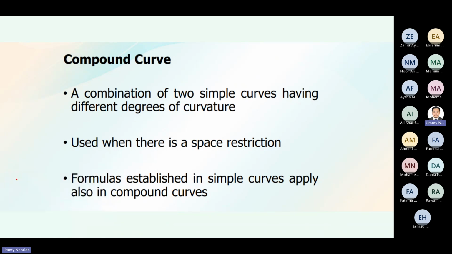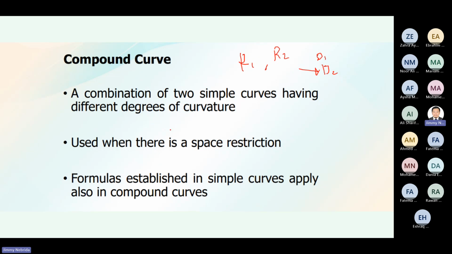So that means you have two radius, with different degrees of curve. Of course, when you have two radius R1 and R2, your degree of curve follows also with two different degrees of curve. Again, the degree of curve is the central angle with respect to the station. So our station is a 20-meter station, 20-meter interval.